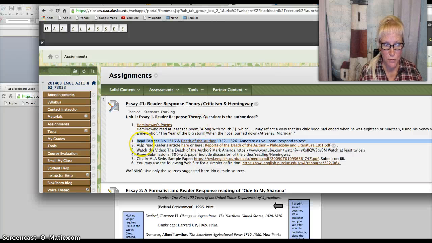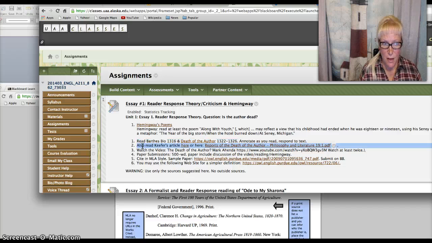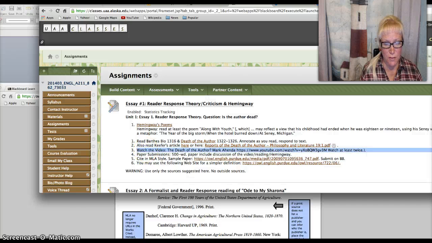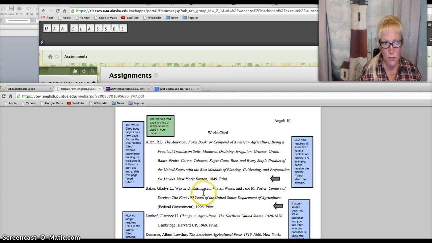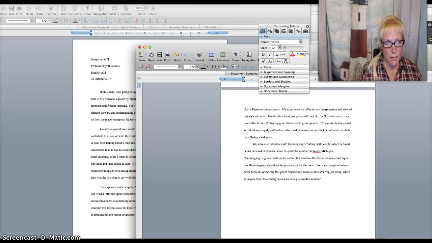So you were supposed to talk about Barth's bio, the death of the author, and Kiefer's article, and all of that should be here. And so when I look at the works cited, all of these should be here. So if I come to your paper and those aren't there, then I'm not exactly sure why they're not.